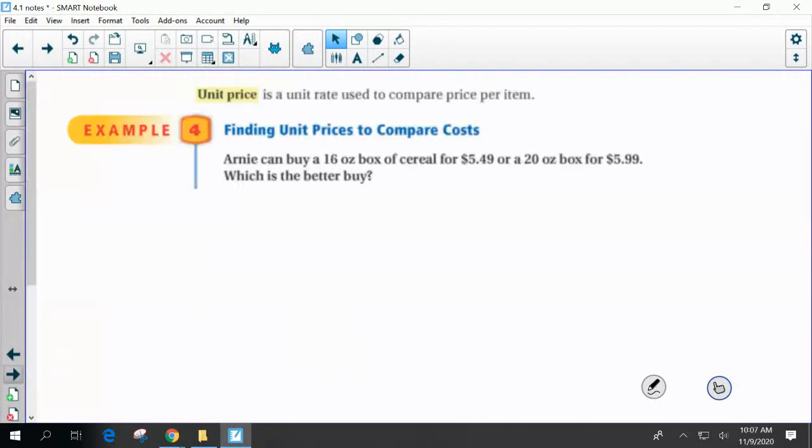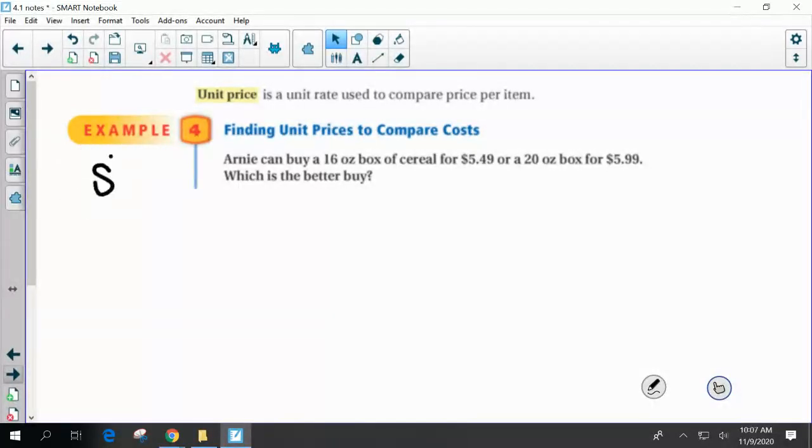Okay. All right, the next part is talking about what would be a better buy, like price-wise. So Arnie can buy a 16-ounce box of cereal for $5.49 or a 20-ounce box of cereal for $5.99, which is a better buy. So whenever you're calculating these, you're going to always put the price.